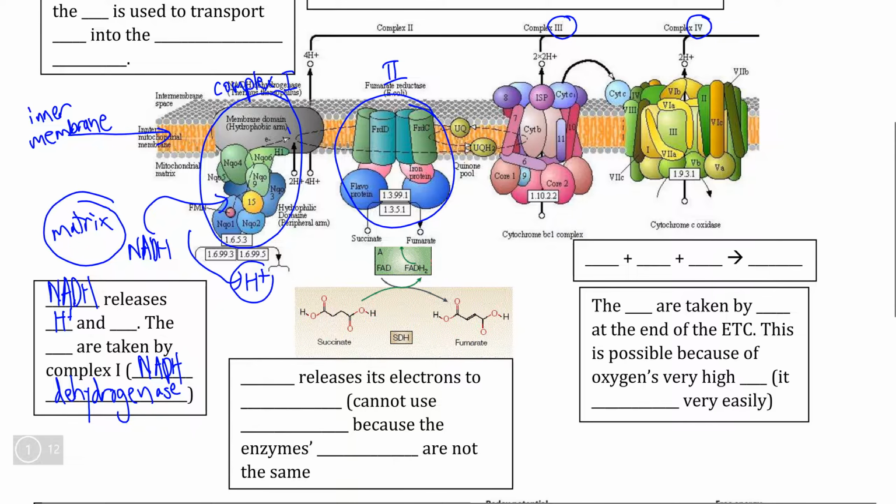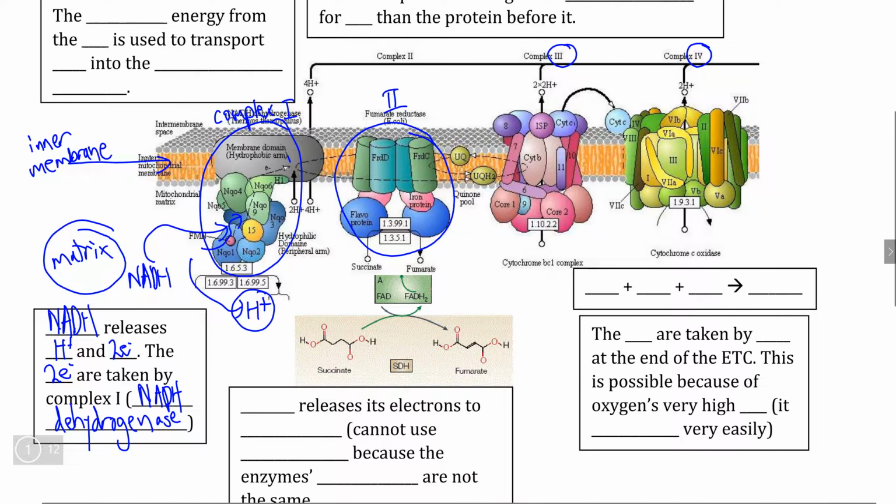Now, when the H+ is released, the 2 electrons that NADH is carrying are also going to be released, and the 2 electrons are actually taken by a number of the proteins that function individually as electron carriers.